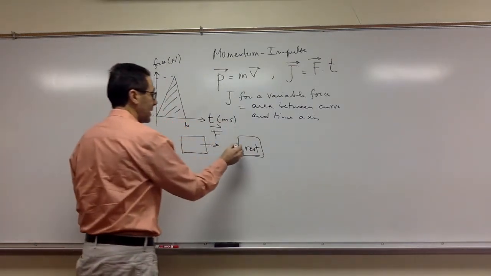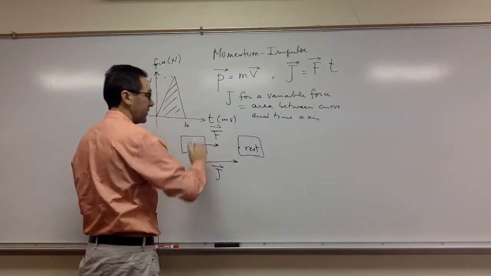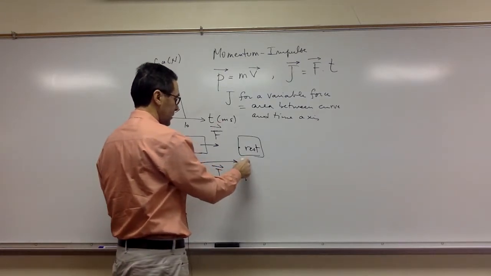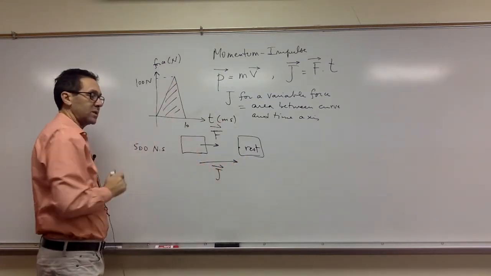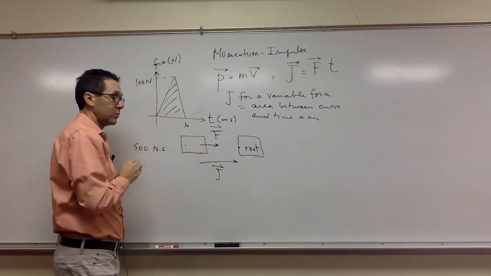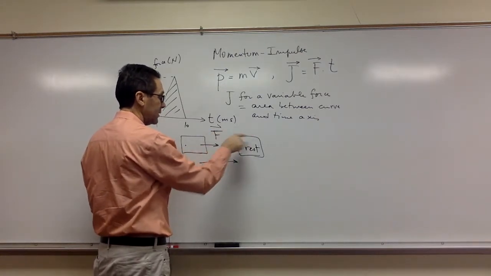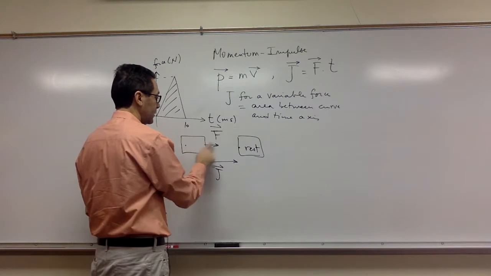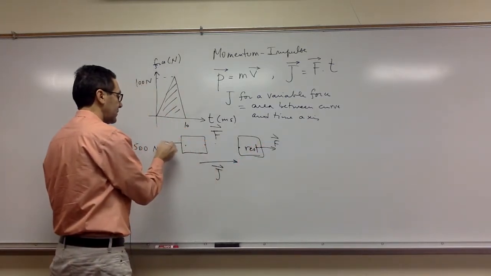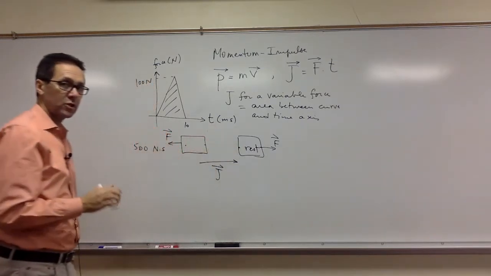So this object here, we're going in this direction, so J is in that direction. If I look at right as positive, it's going to experience an impulse of 500 newton-seconds. Okay, well, what does this one experience? If this one hits this one that is at rest with the force to the right, in other words, this one is getting the force to the right, this one is going to feel a force to the left, because of the action-reaction, Newton's third law.